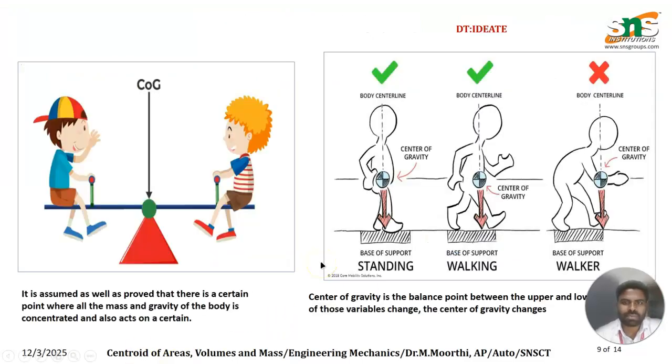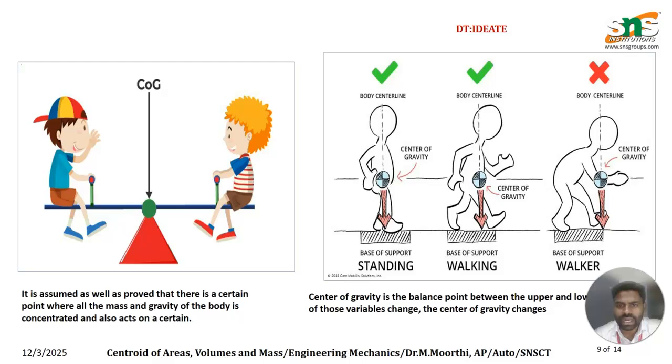So this is an example of center of gravity. In the left side diagram, the weight is equal on either side, so the object is in an equilibrium state. Similarly, another body is in the center line, so on either side the weight is concentrated at that particular point.